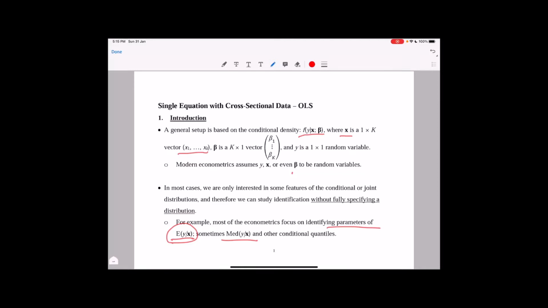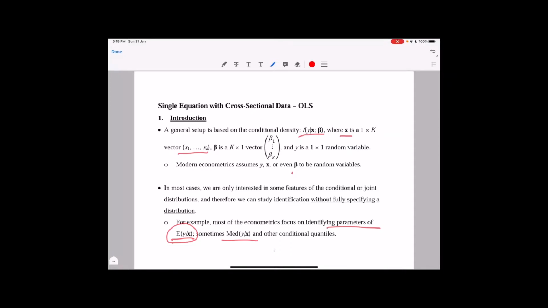Just like last time when we talked about asymptotics: in general, we do not know the distribution of a random variable. That's why we rely on asymptotics, on the law of large numbers and the central limit theorem. Similar logic applies here.